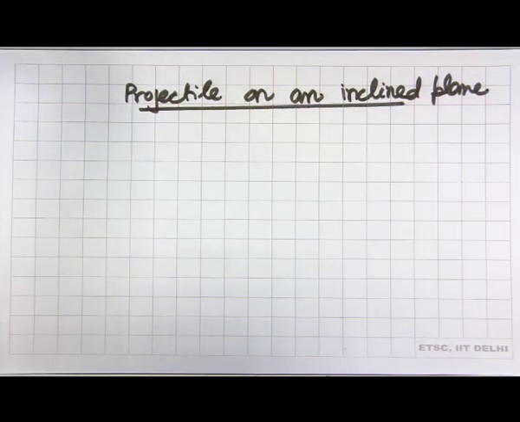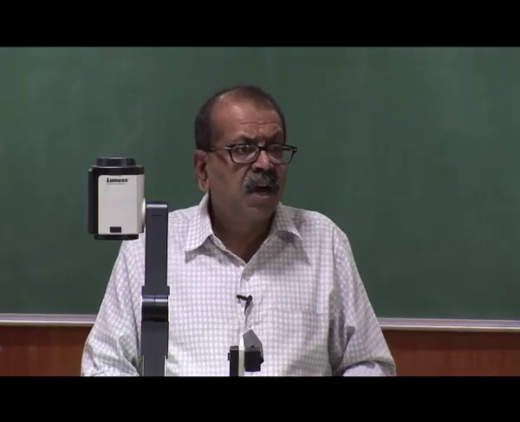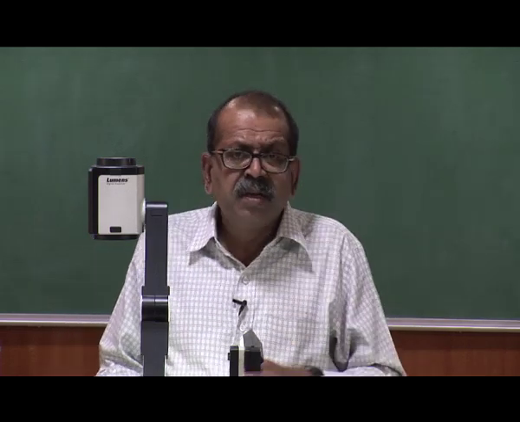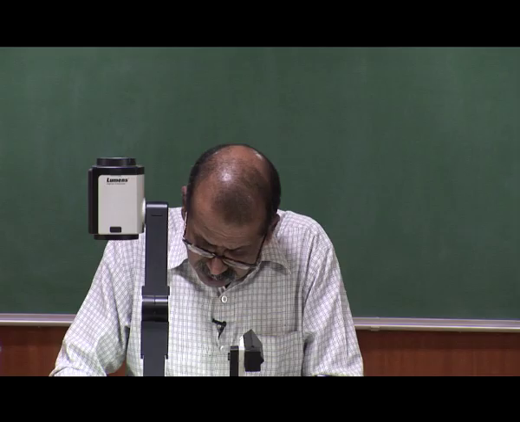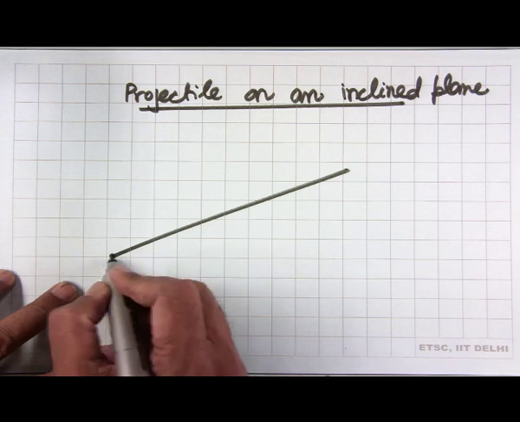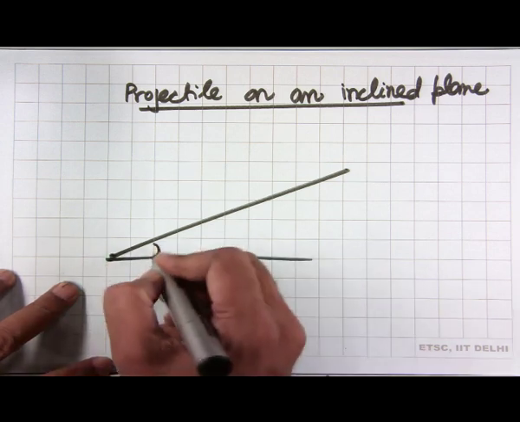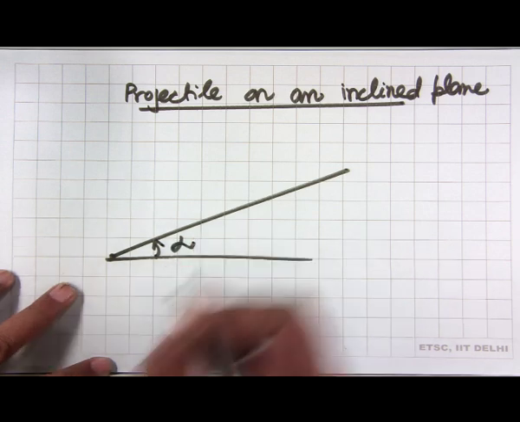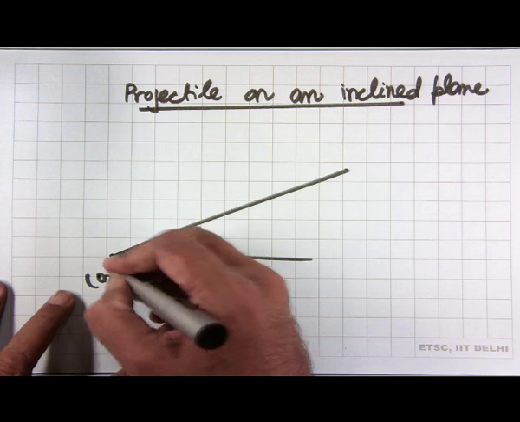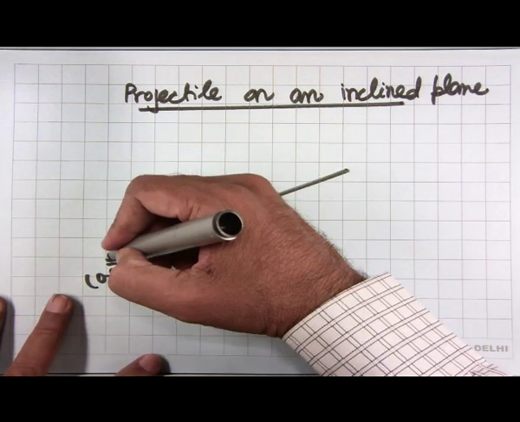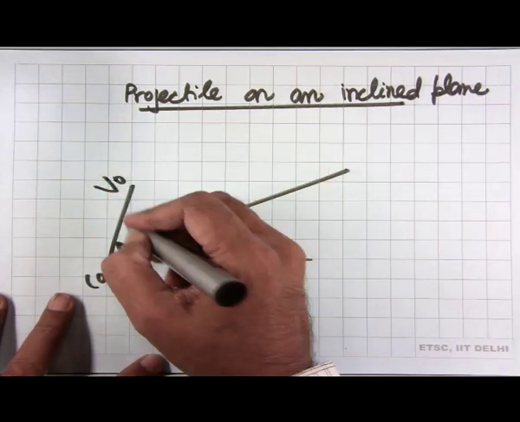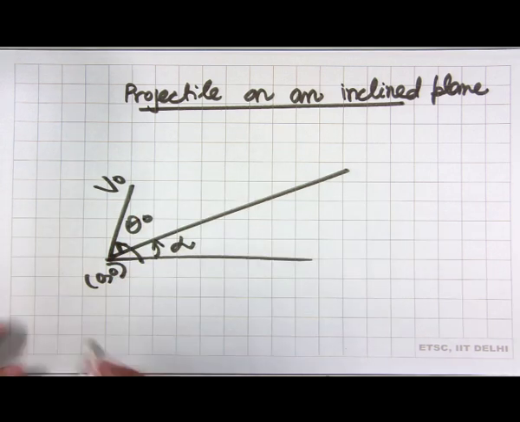Actually, the equations we have derived earlier are valid here also. But when we talk of an inclined plane, let us look at the problem. Suppose we have a plane at an angle alpha, with the coordinate 0 0, and we throw a projectile with a velocity v0 at an angle theta 0 from the horizontal.